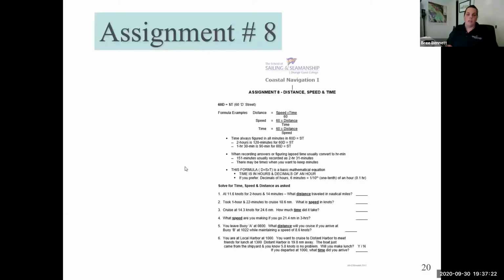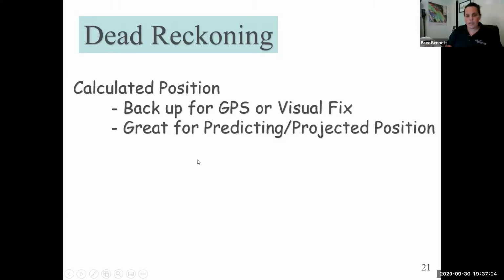Okay, we're going to go back to our PowerPoint. So now we're going to bring our 60 D Street and time calculations back into our plotting courses and directions and plotting distances.